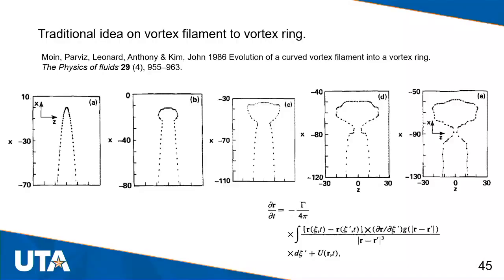What these people do is, first they assume there is a vortex line here. Actually, the vortex they mean is vorticity. I think it's 1986. They apply this Biot-Savart formula, and they find these structures become like a ring, and the ring becomes bigger, and the neck becomes narrow, and they think the ring pinches off.